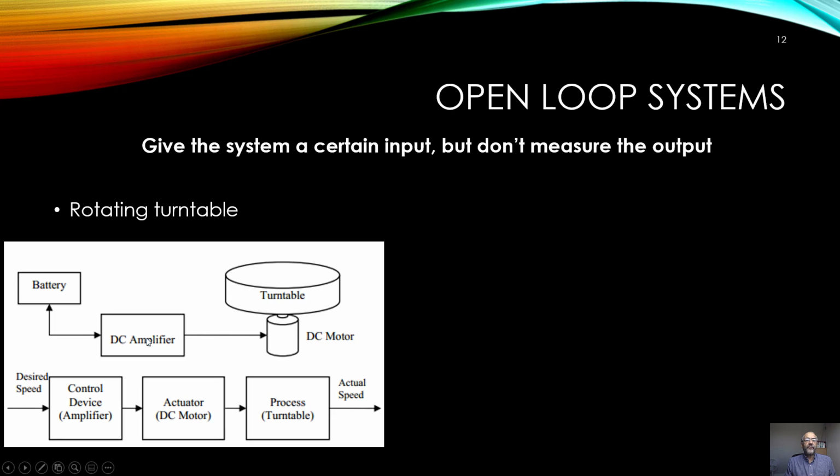We have a battery and an amplifier, and we just give that motor a certain level of input, and we are hoping, because we know the characteristics of the motor, that if we give it so high an input, then the rotation speed will be that. And you can sometimes read that simply in the specifications. So you apply a certain input and then you assume and you hope that the output, rotation speed in this case, will be what you expect.